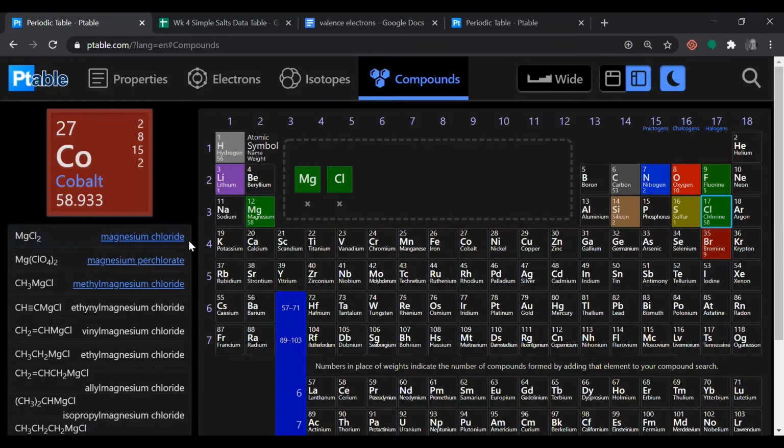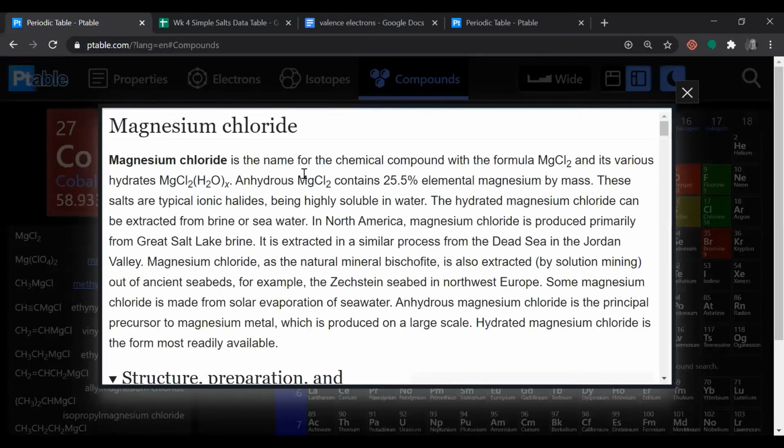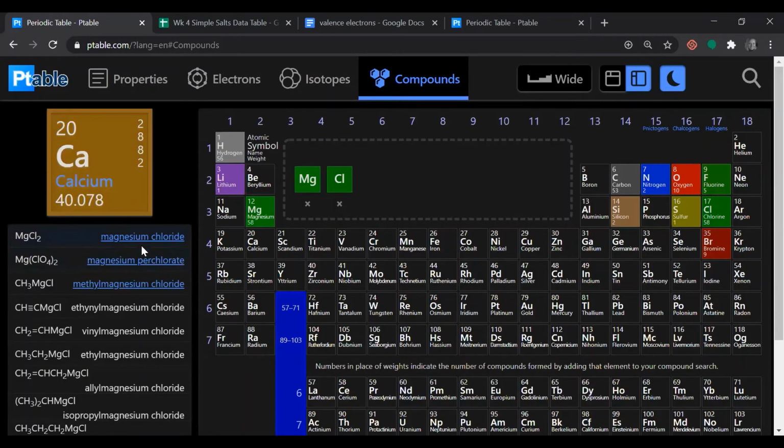There's our magnesium chloride, and if we click on it, we end up with the Wikipedia page. I'd like to point out, do you notice that it has one magnesium and two chlorines? One of the things I would like you to try to figure out is why does the sodium formula only have one sodium and one chlorine, and why does magnesium have one magnesium and two chlorines?